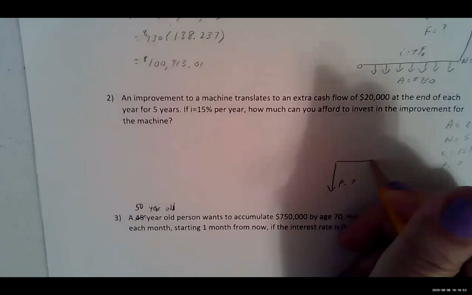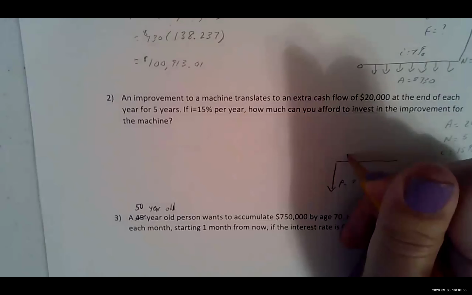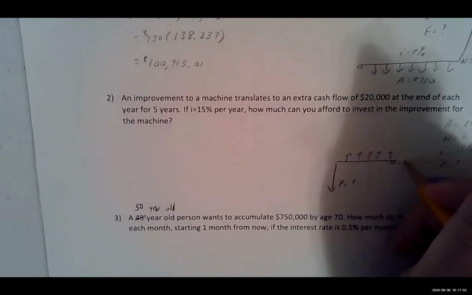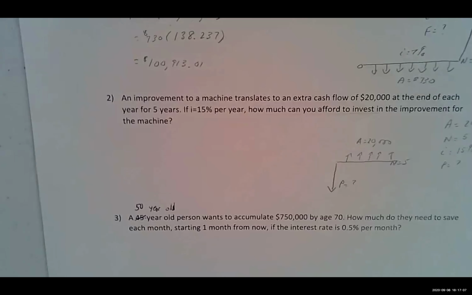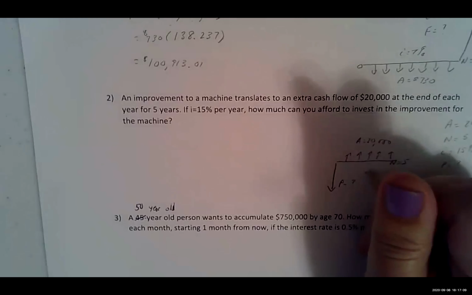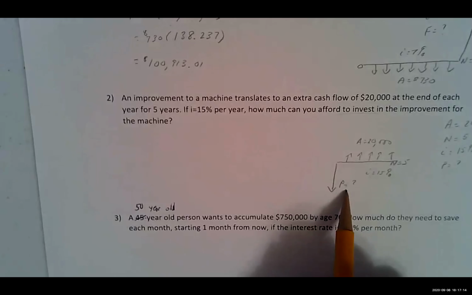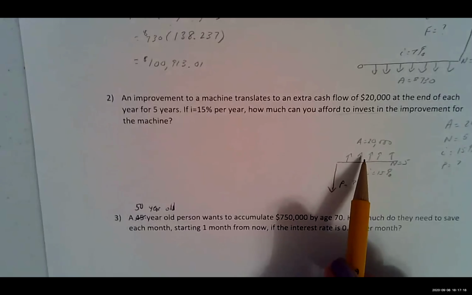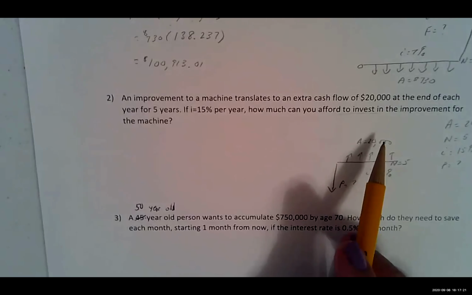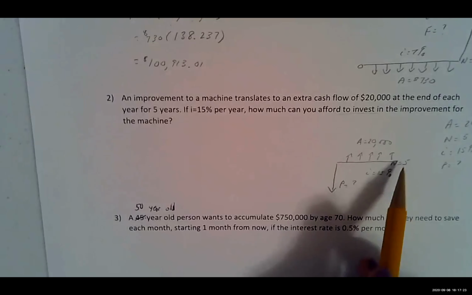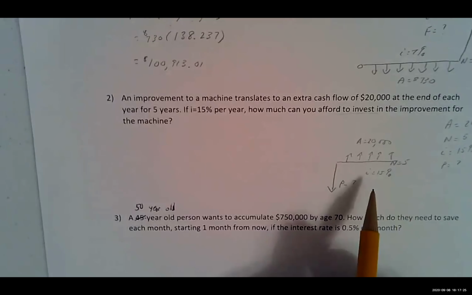Then over the next 5 years, 1, 2, 3, 4, 5, I'm going to reap the benefit of an additional $20,000 in cash flow. And this is at an interest rate of 15%. So present value going down, question mark, because I'm trying to find it, but my extra cash is in the positive direction, $20,000 over the period of 5 years at 15% interest.